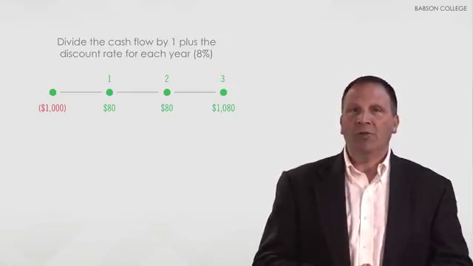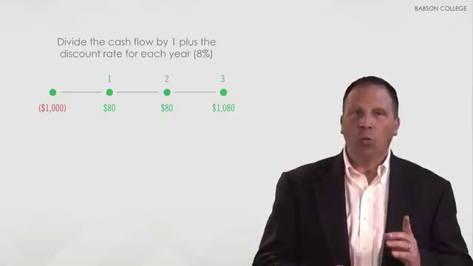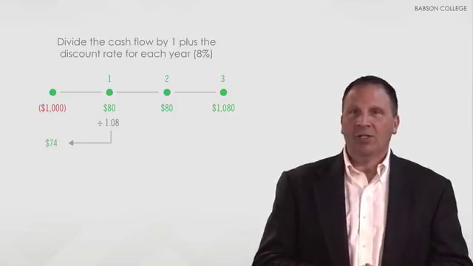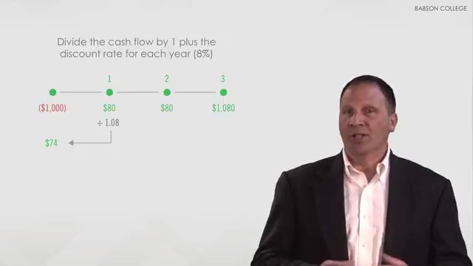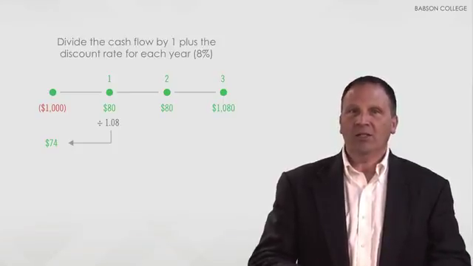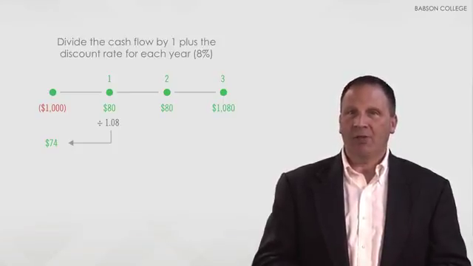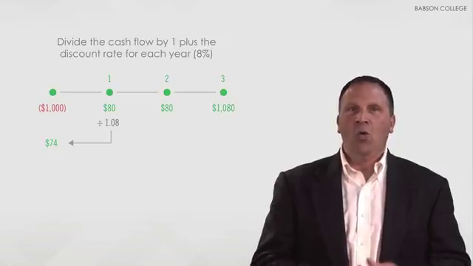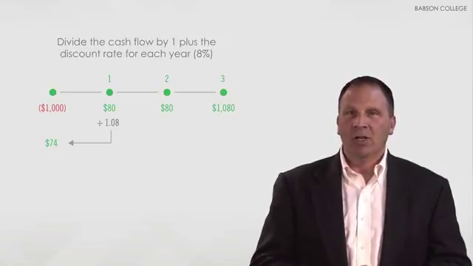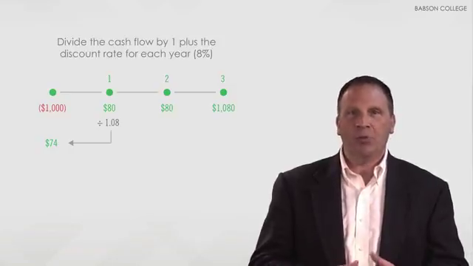So the present value of the $80 cash flow that occurs in year 1 is $80 divided by 1.08 or $74. This means that you would be indifferent between having $74 today or $80 a year from now, since you could invest the $74 for a year at 8% and end up with $80.